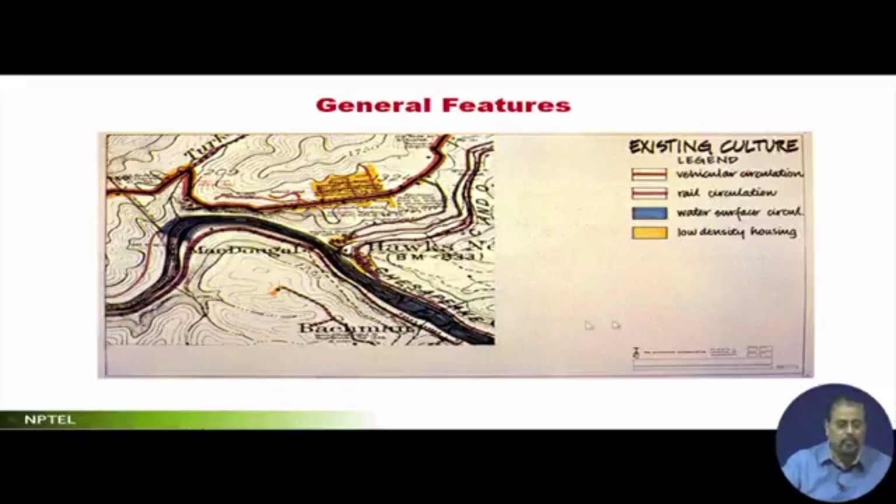So, basically all the general features, whatever features, you make a list of the different features and try to find out what features are existing within the site, and they are the things which are to be listed here and to be represented. So, this particular legend is not complete, not exhaustive. In the appraisal template that I have shown, all those have to be shown.